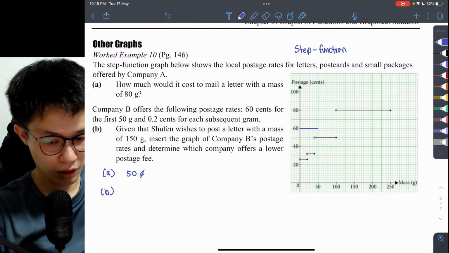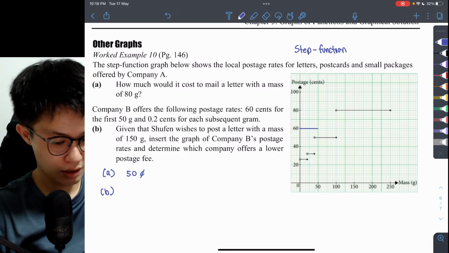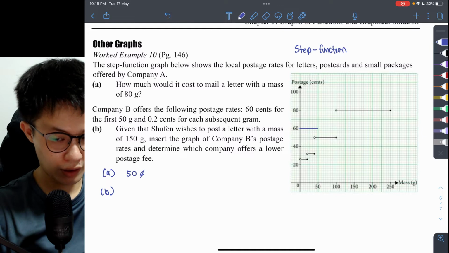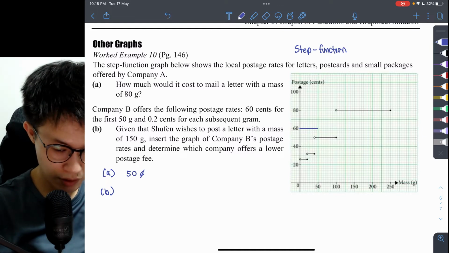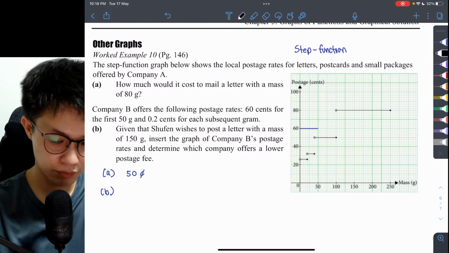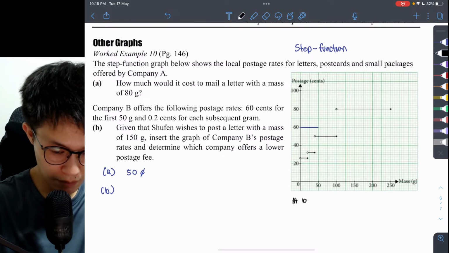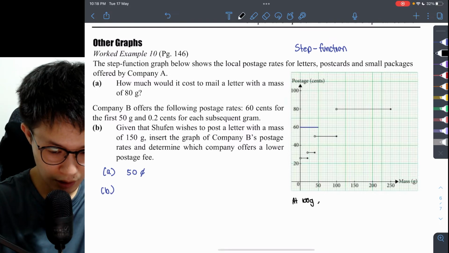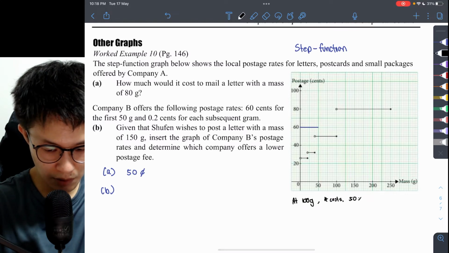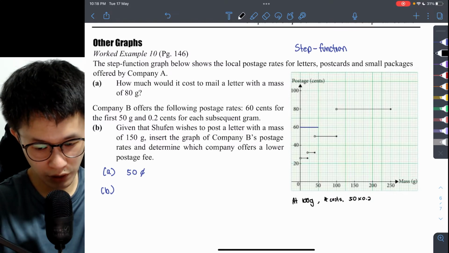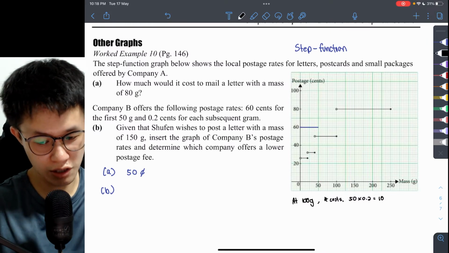So what happens here is that we're going to find out at 100 grams how much am I charged. I'm just going to use quick calculations here. At 100 grams, it costs 50 times 0.2, which equals 10 extra cents.